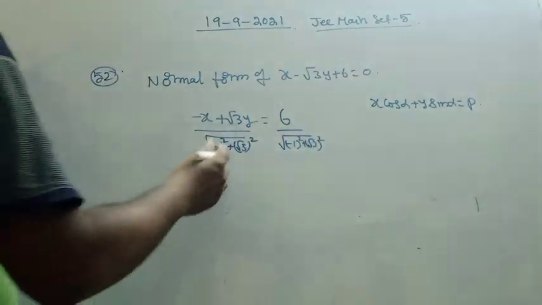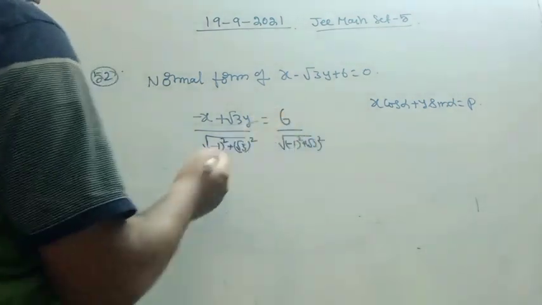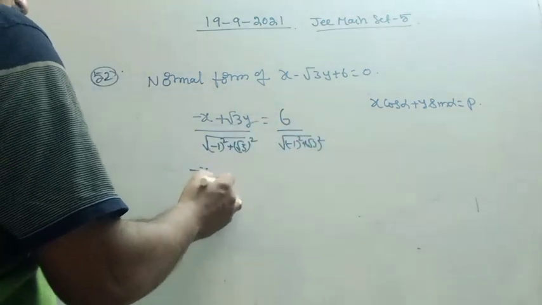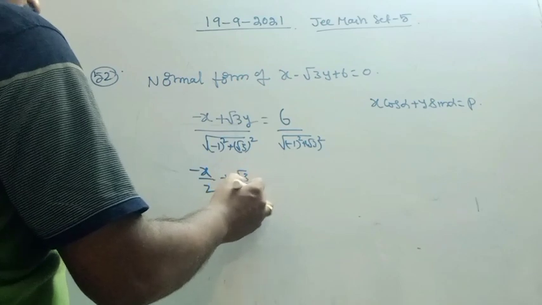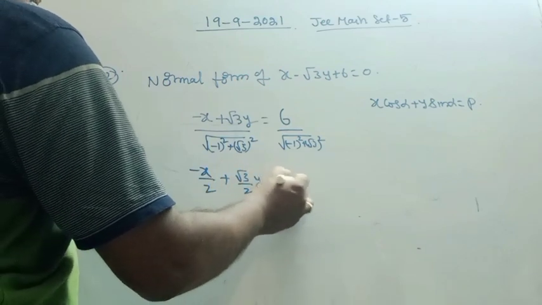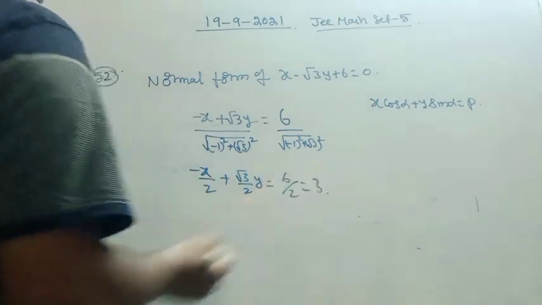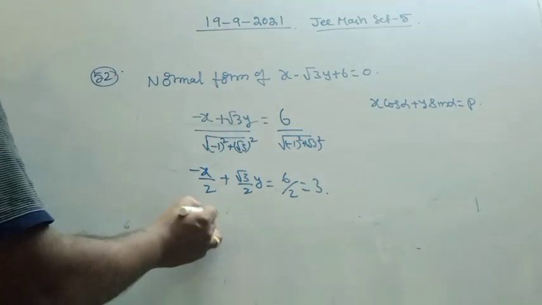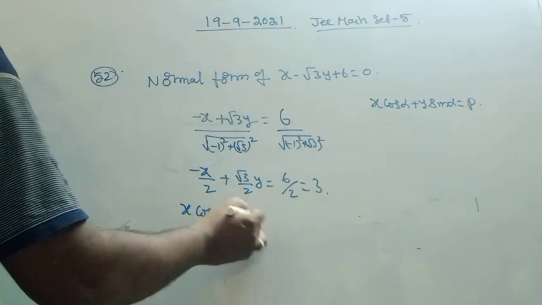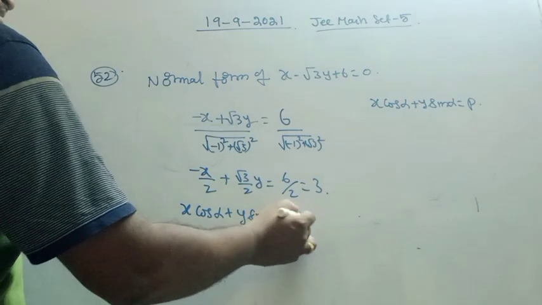This is nothing but 2. So we have minus x by 2 plus root 3 by 2 into y equals 6 by 2, that is 3. Now this is in the form x cos alpha plus y sin alpha equals p.